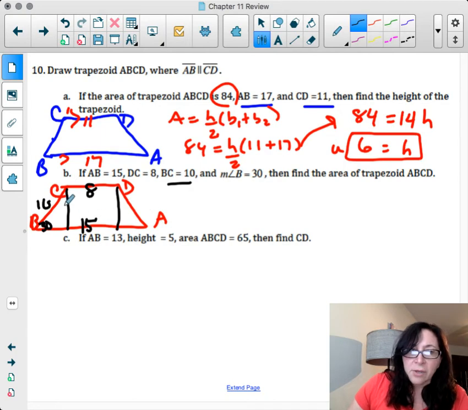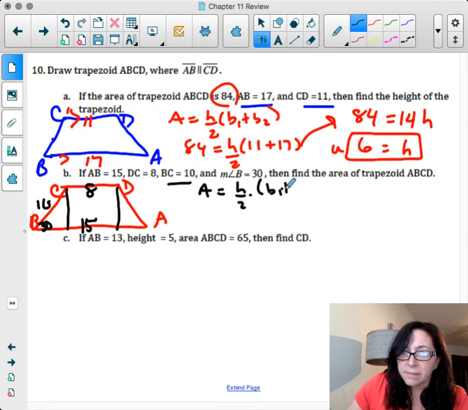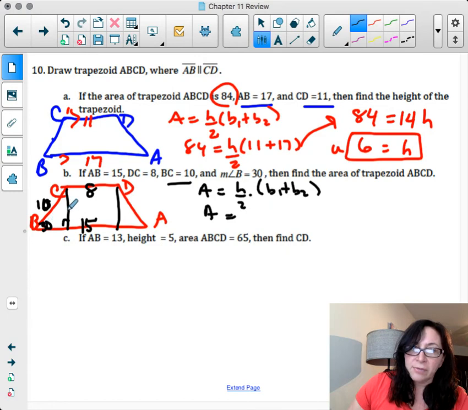All right. And so what it looks like to me is, find the area. Area is equal to height divided by 2 times the sum of the bases. And so my area is going to equal my height, which I don't have yet, which I can get actually because this is a right triangle. And across from the 30 is a.